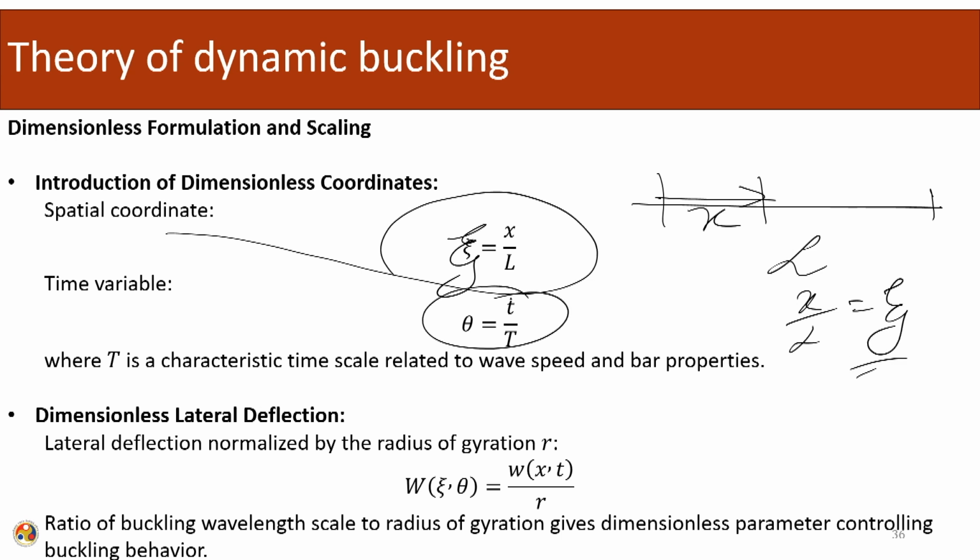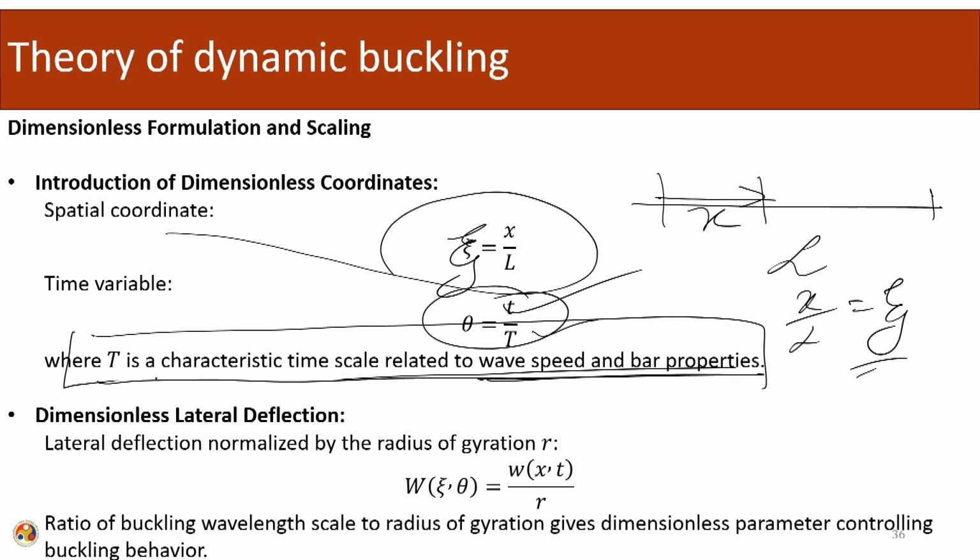The time t is scaled with a characteristic time t scale, which relates to the wave speed and bar properties. So we have scaled the length and the time, introducing two dimensionless quantities.